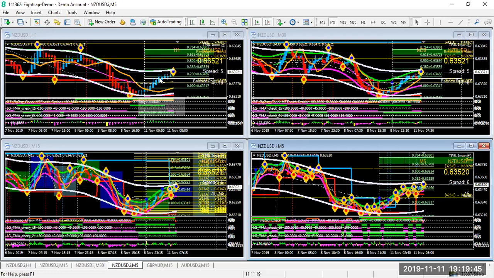And you can see how the 24 1 hour candles look in a 5 minute, and in the 15, how it extends out.